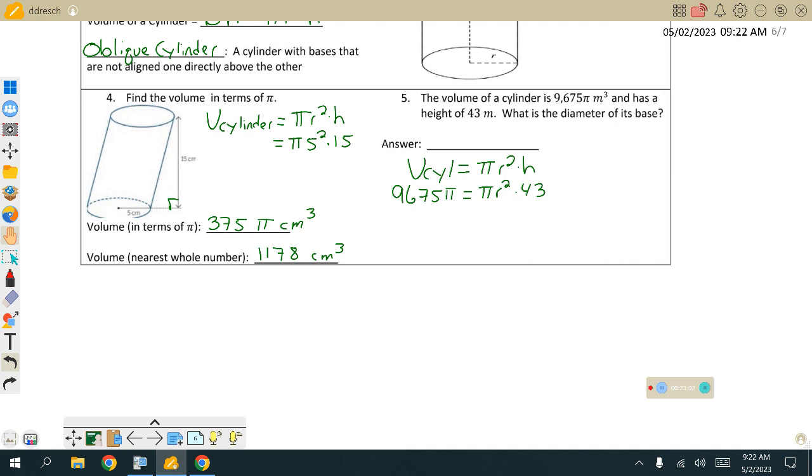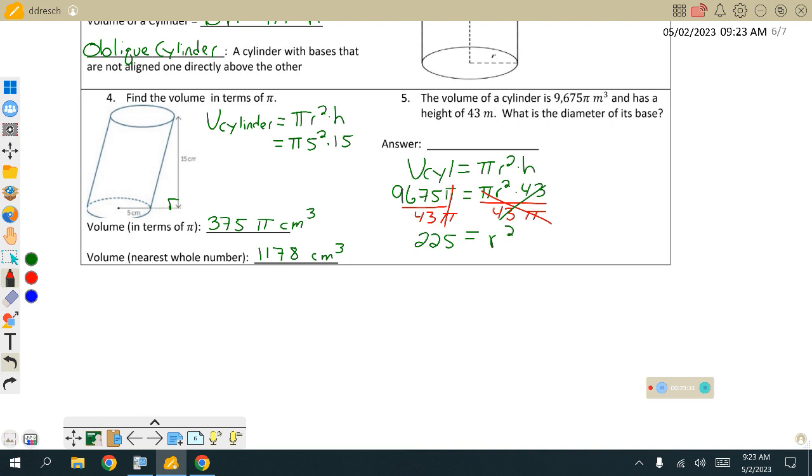Got to get rid of pi in that 43. It's all attached by multiplication, and the inverse of multiplication we know is division. So we're going to divide by 43 pi. These pi's cancel. We go to our calculator. What is 9,675 divided by 43? 225.